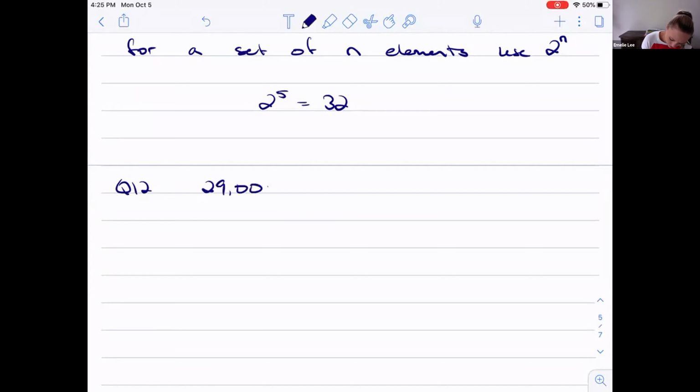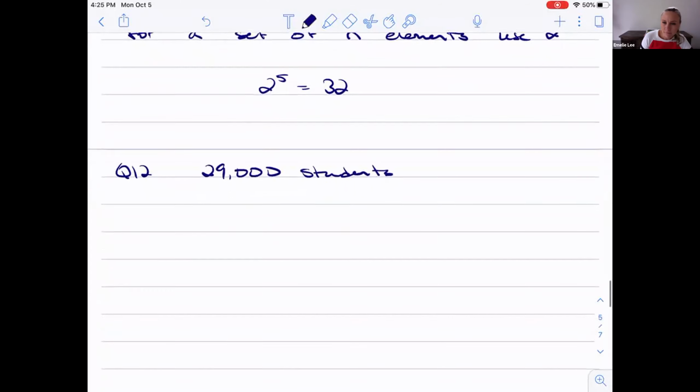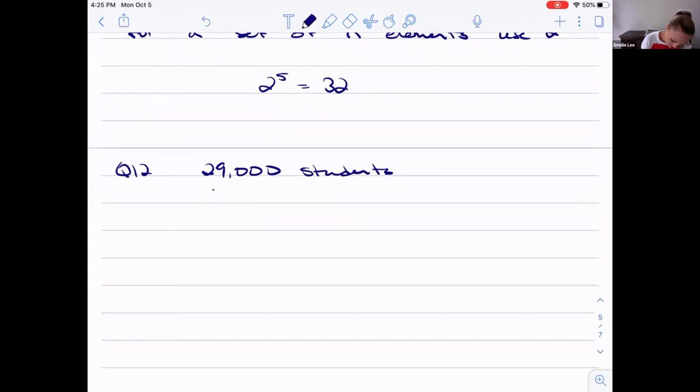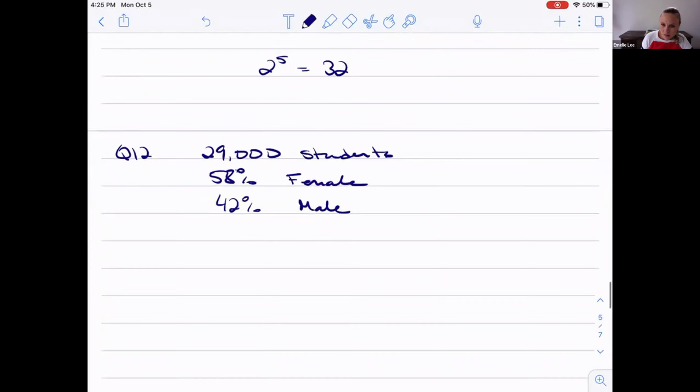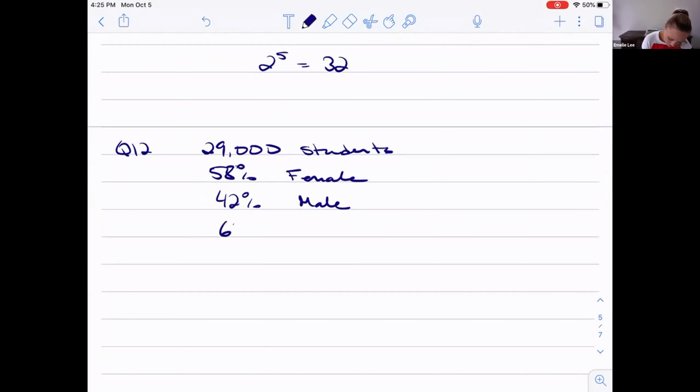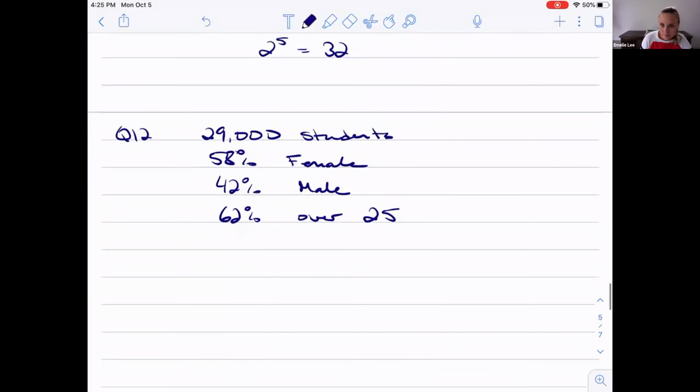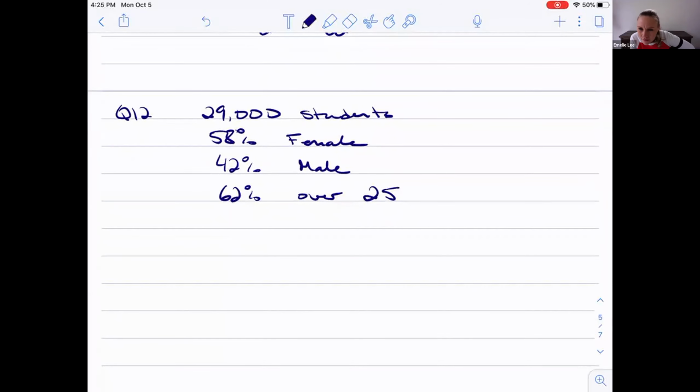I'll just do kind of a shorthand. 29,000 students, 58% were female, 42% were male, 62% were over the age of 25. Hopefully I got all the numbers here. Thanks for pasting this, by the way. How many students were in each category?